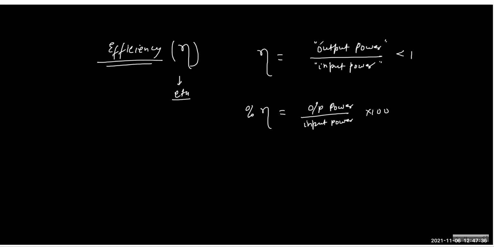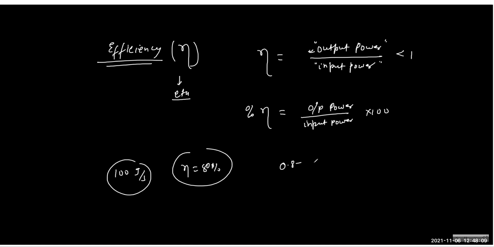So we know what we need here. This is what we need. And if the efficiency of conversion is known in advance, we know how much input we must supply to achieve this target. So let's say you need 100 joule, but efficiency is only 80%. So if I supply 100 joule per second, it will not work. The efficiency is 80 means I will only get 80. But what I need is 100. So efficiency is 0.8.